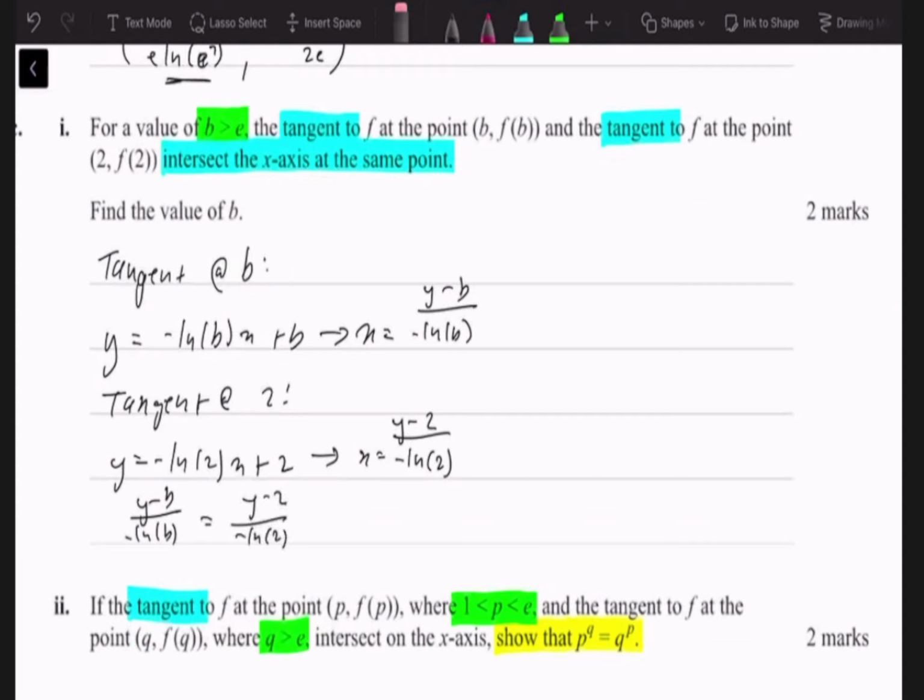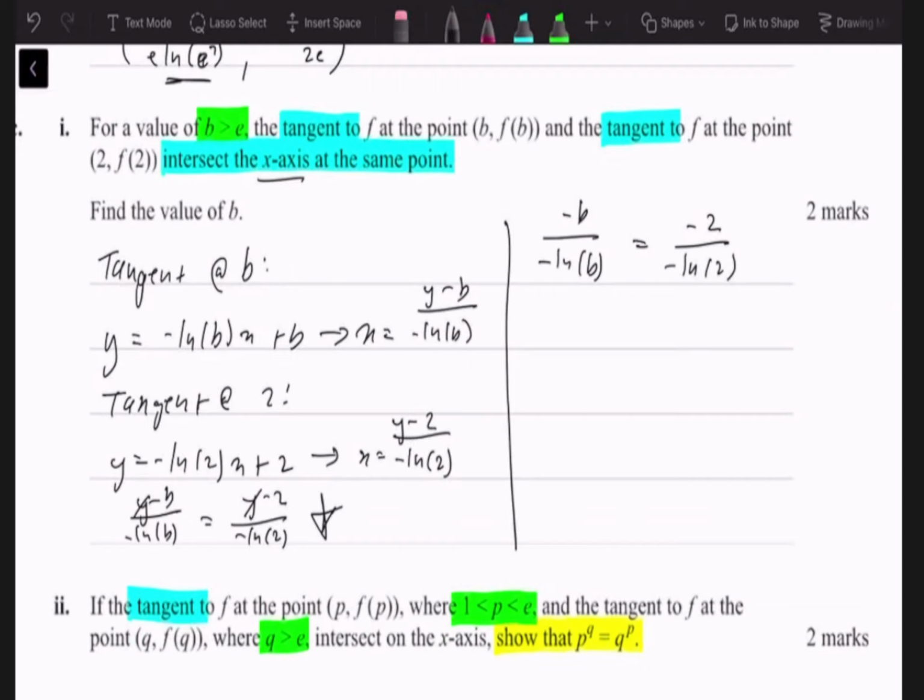So the assumption we've made here by equating them is that they're equal at the point when they're on the x-axis, because that's when the x values will be the same. So with that same knowledge, if they're on the x-axis, then the y value for both of them will be 0. So you can take out the y's. So negative b on negative ln b is negative 2 on negative ln 2. And you don't even have to solve for it. You can clearly see that b is 2.